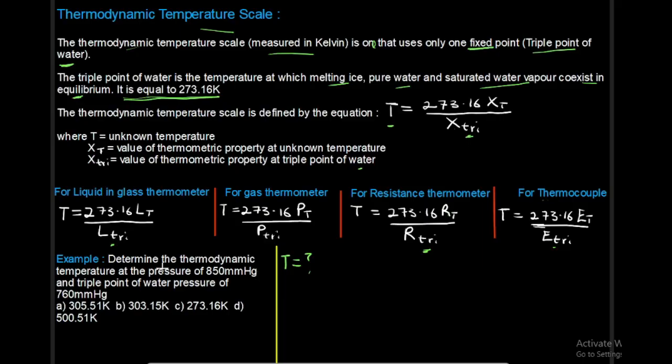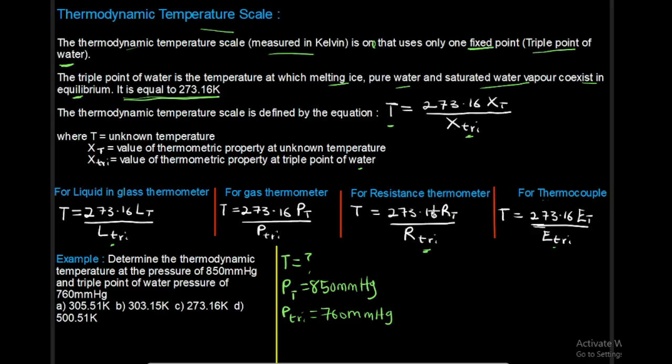The pressure at unknown temperature is 850 millimeter mercury, and the pressure at the triple point of water is 760 millimeter mercury. Obviously this is a gas thermometer.